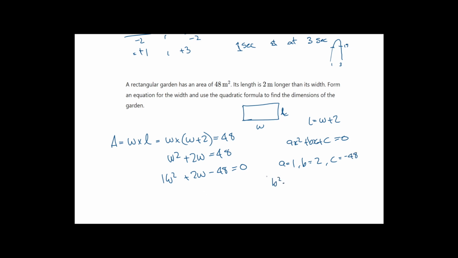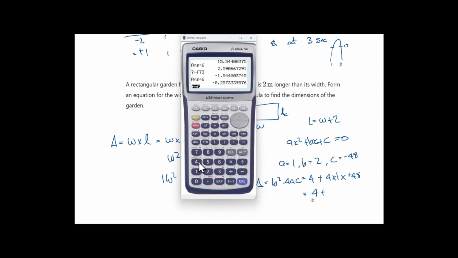So let's do our b squared minus 4ac bit first. So that's going to be 2 squared, which is 4, minus 4 times 1 times negative 48. And I hope you see that these are going to cancel the negatives there. Okay, so 4 times 1 is 4. 4 times 48 is 196, isn't it? 192.